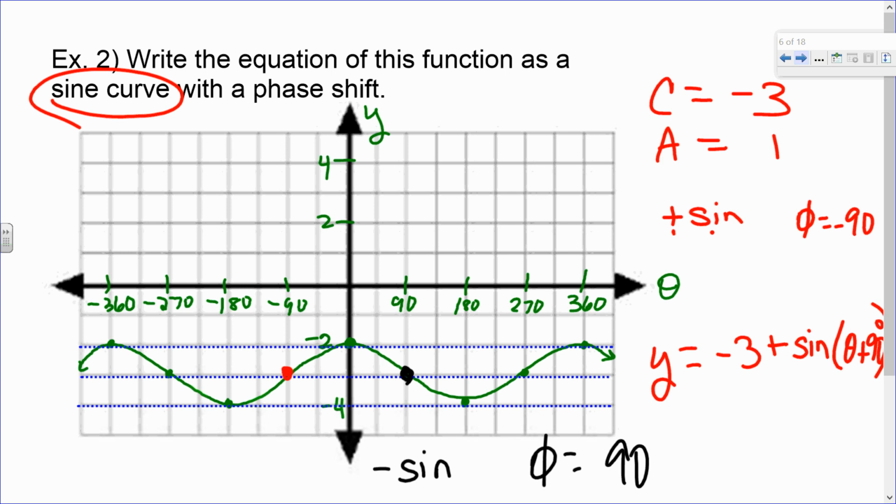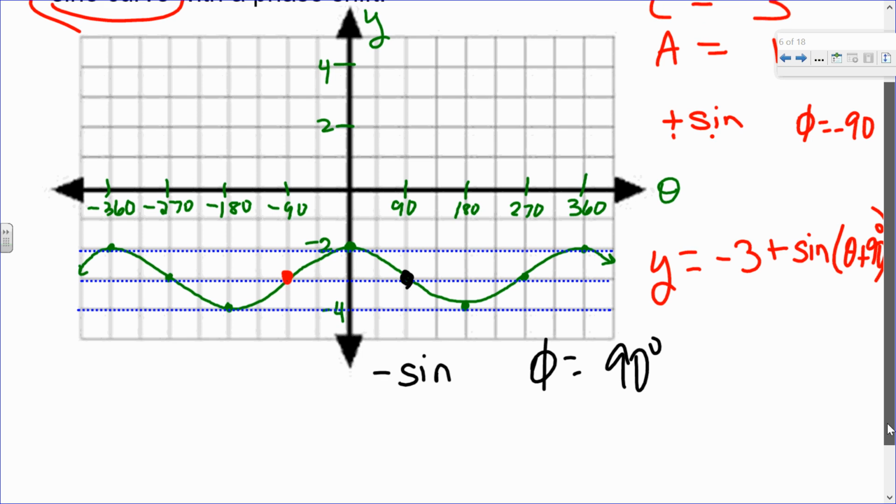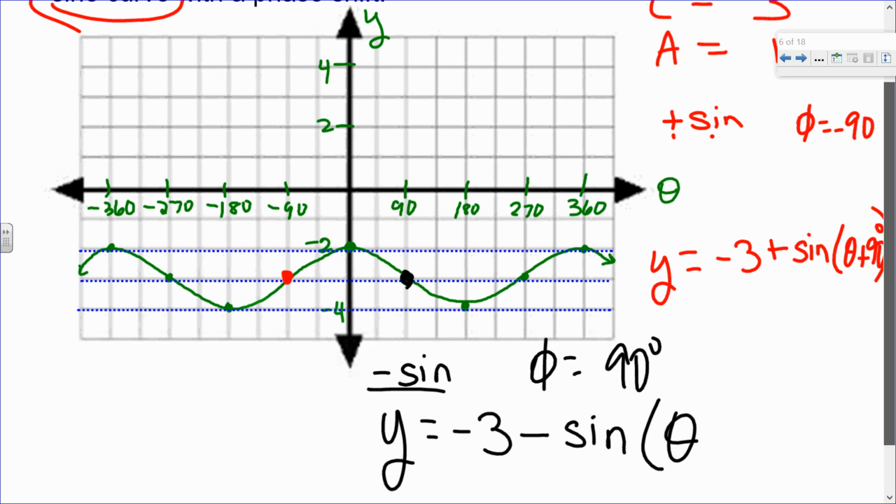So +90 degrees. So the equation needs to be y equals center line -3. This time we're doing a minus sine graph, so minus amplitude 1 sine theta minus 90 degrees. That's not too bad, right?